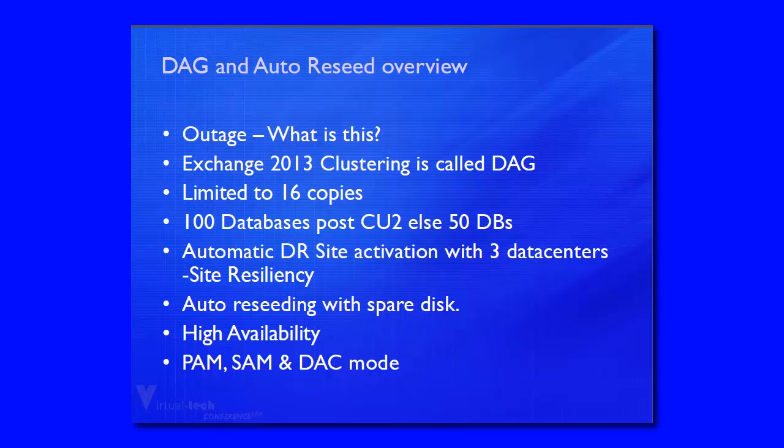The concern here is that the file share witness and a data center should not both go down. If 2 of these go down, then the DAG needs manual intervention to bring it up. So in this case, if 1 data center goes down, we can still be up and running.